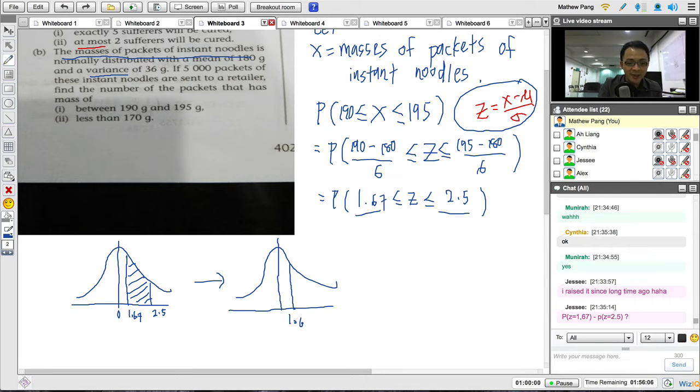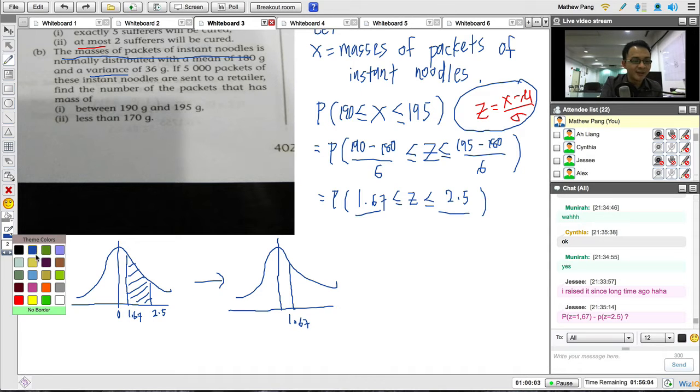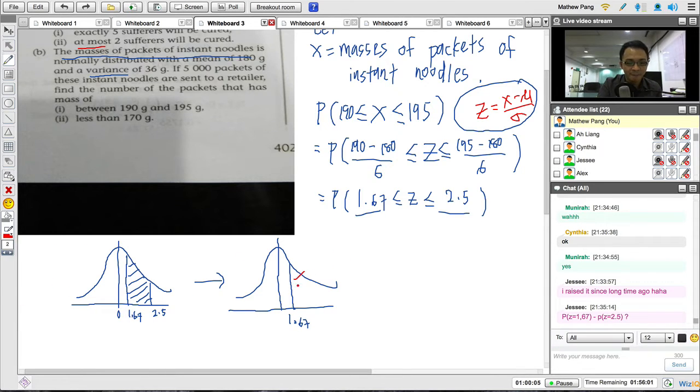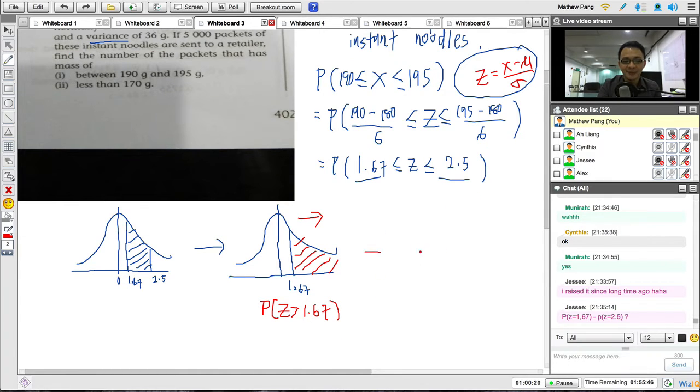Then I will get everything here. Going this way means bigger, right? So this is Z bigger than 1.67. Then I will minus this part. This is 2.5. This one is the probability that Z is bigger than 2.5.